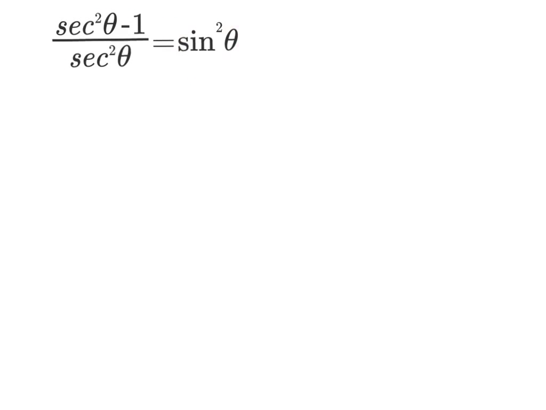And one thing you want to do is work with the more complicated side, which seems to be the left side over here. And remember, we're only working one side at a time. So this side here, I'm looking at this secant squared, thinking that secant squared can be written as tan squared plus 1. And then we'll still have this minus 1 after that.